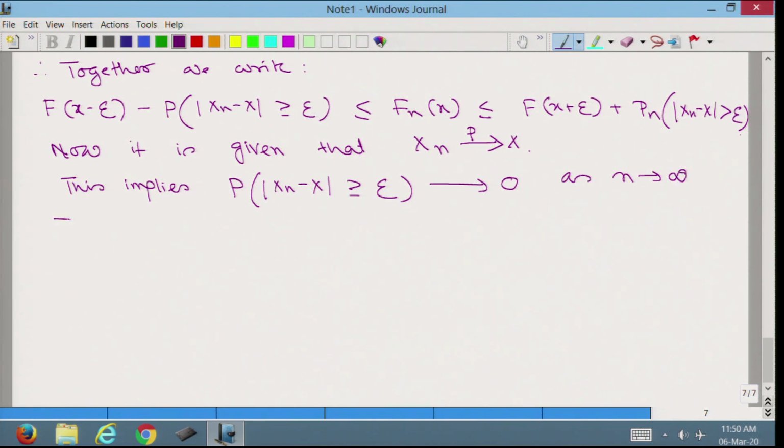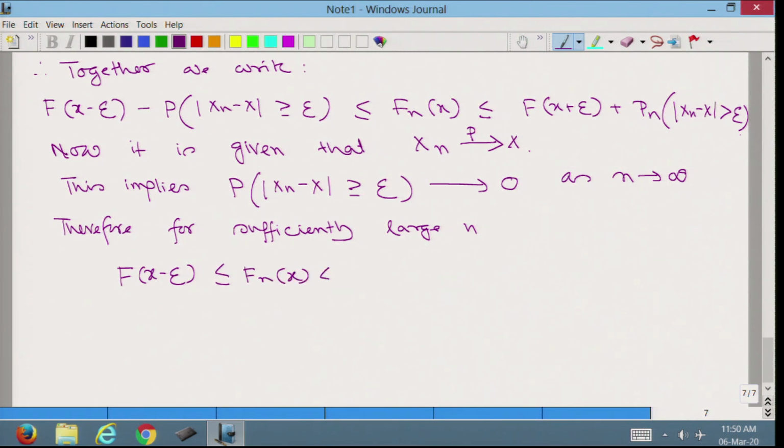That is, therefore, for sufficiently large n, we can say that f at x minus epsilon is less than or equal to f n x, less than or equal to f x plus epsilon. Why? Because this term is going to 0 and similarly this term is also going to 0.